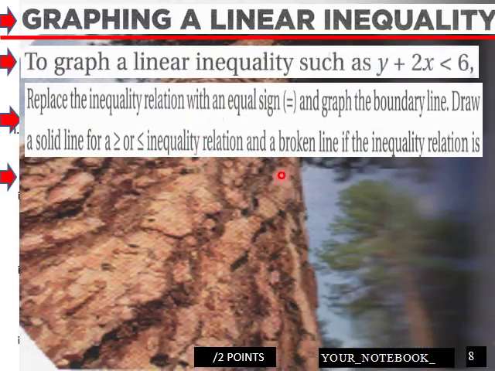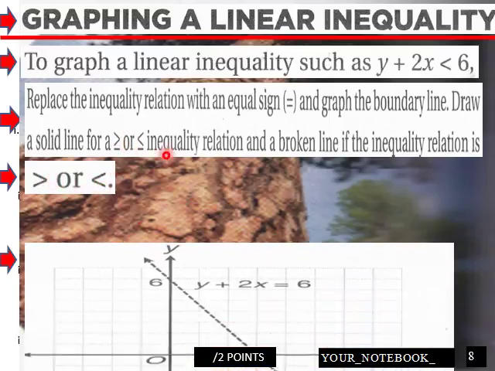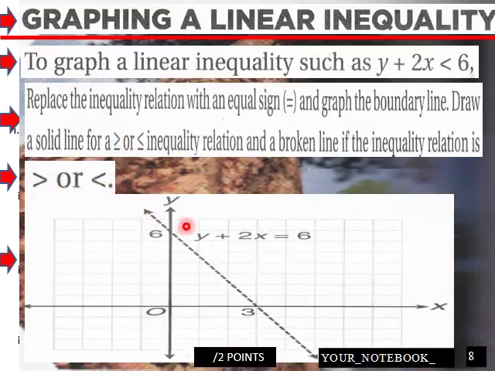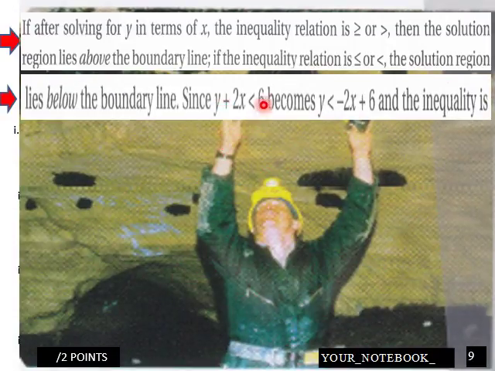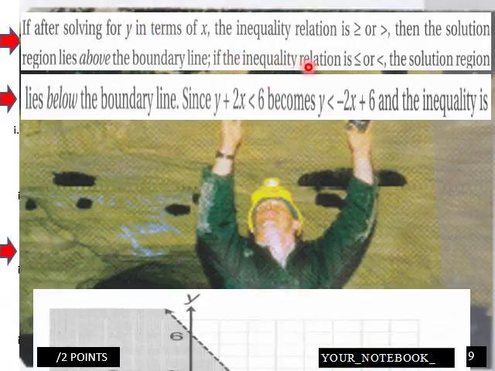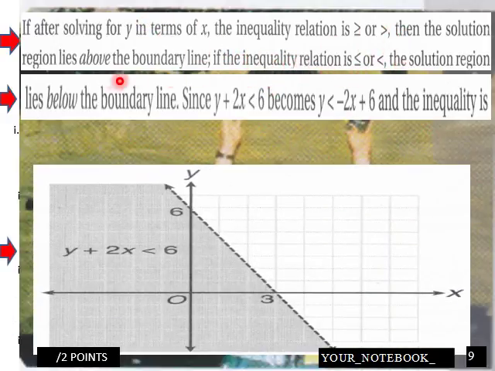Graphing a linear inequality. We're going to graph this inequality here. These are inequality symbols. This is a broken line, so it's a strict inequality, written without an equal sign underneath it. It gets a dotted line. If after solving for y in terms of x the inequality points this way, then the solution lies above the boundary line.